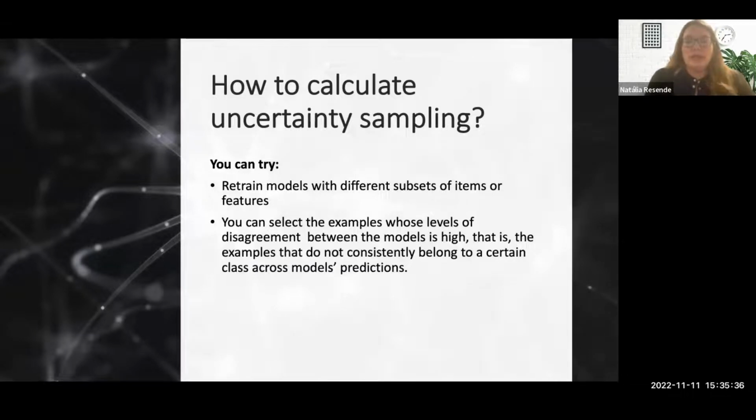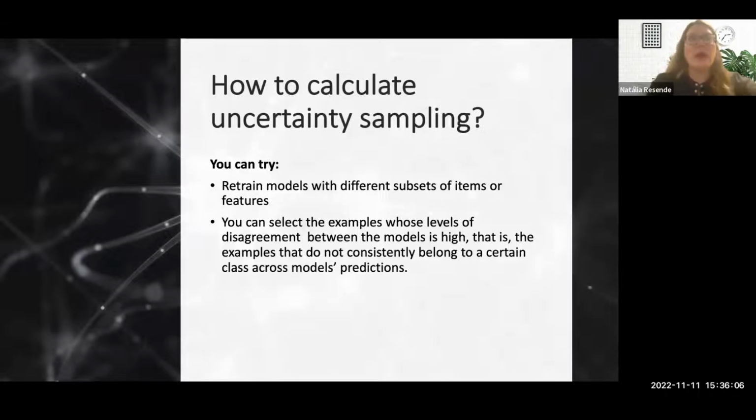For calculating the query by committee, we can retrain models with different subsets of items or different features. This is one way of running the query by committee strategy. Or you can select examples whose level of disagreement between the models is high, right?